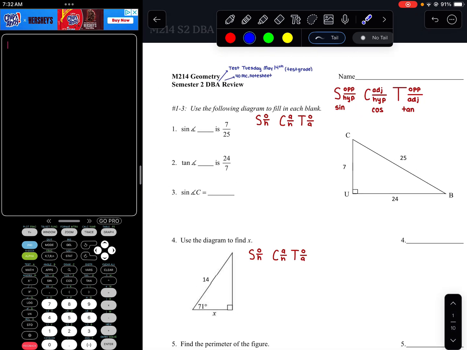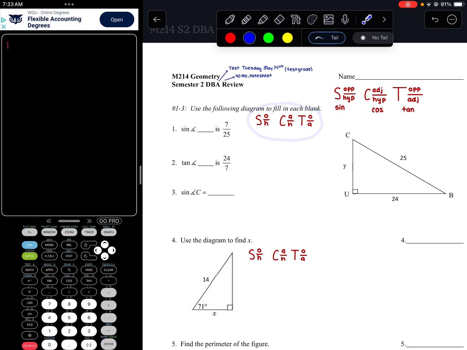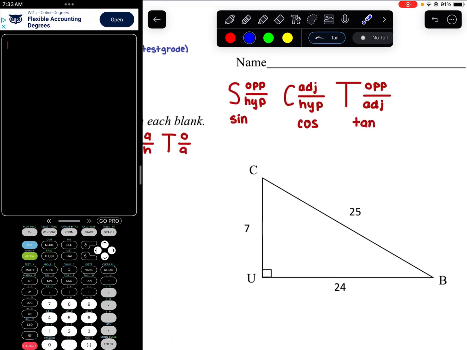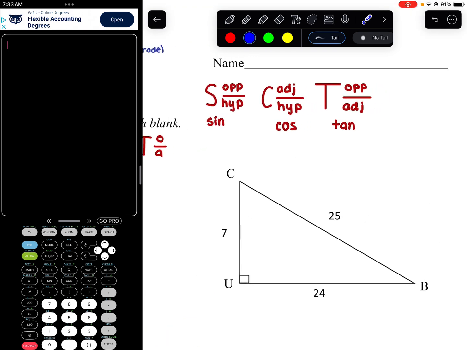So these first three problems are bringing us back to sine, cosine, and tan. Hopefully this makes you think of your favorite acronym, SOH CAH TOA. Our acronym of SOH CAH TOA, which we learned at the start of the semester, helps us identify and use those special buttons on our calculator of sine, cosine, and tan.